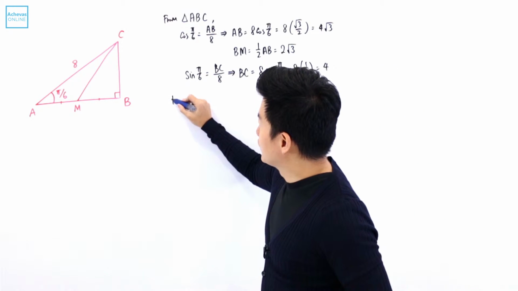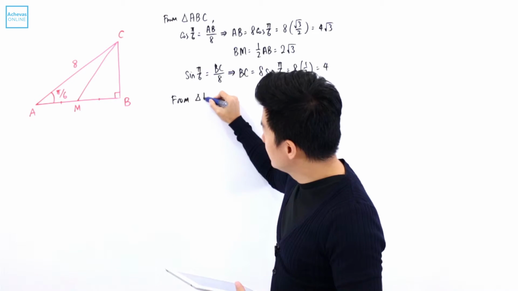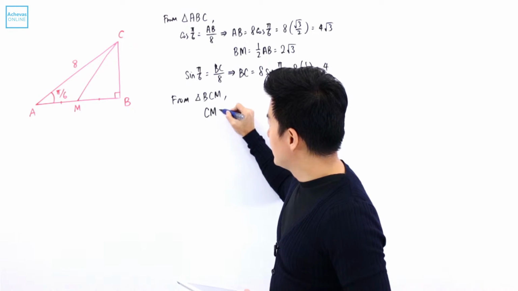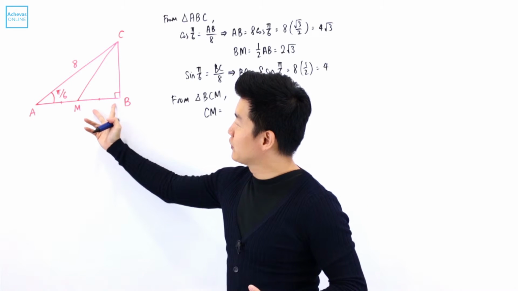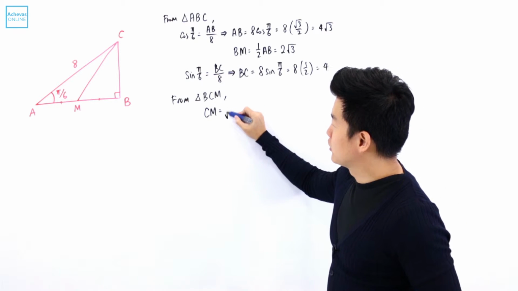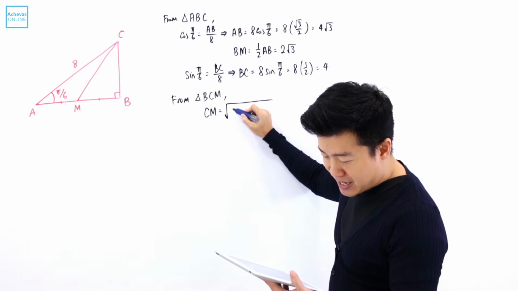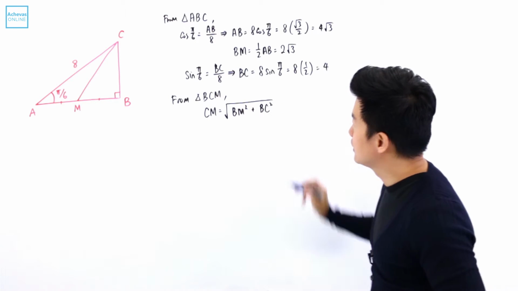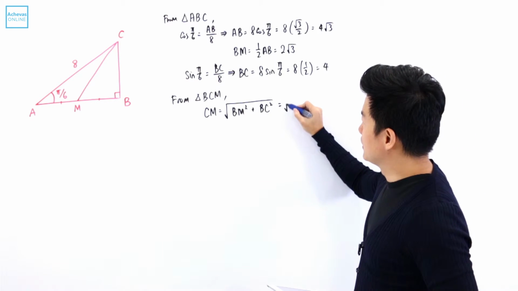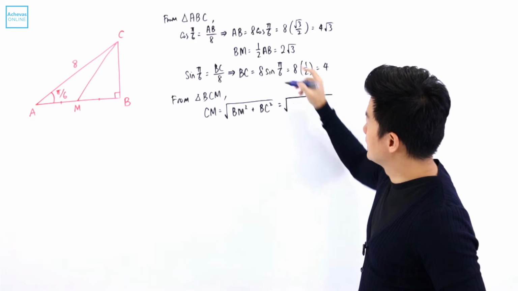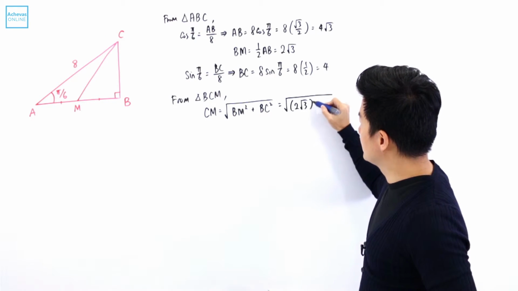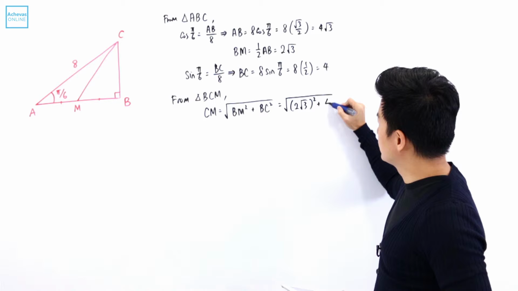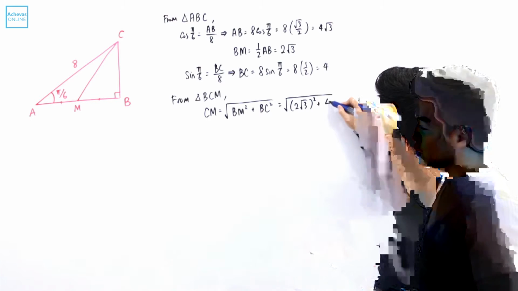So now I'm going to focus on the other triangle, which is the triangle BCM. Focusing on this triangle, I'm going to find CM. Applying the Pythagoras theorem, making use of this and this side of the triangle, it is going to be square root of BM squared plus BC squared, which means square root of 2 square root of 3 squared plus BC squared, which is square root of 28.